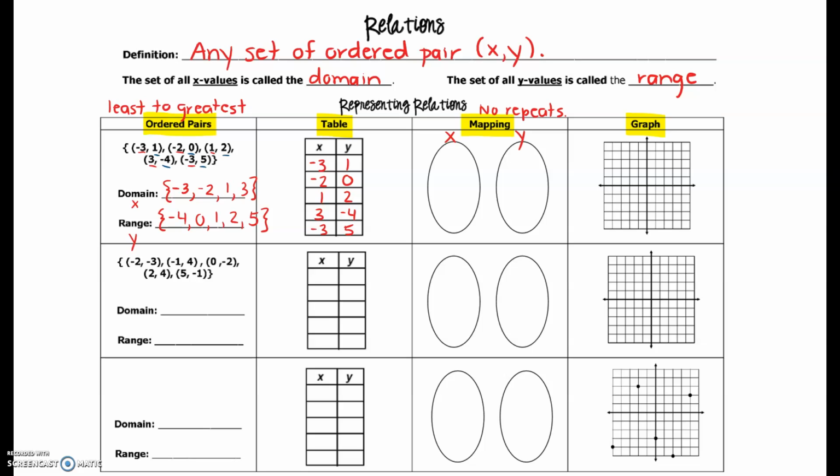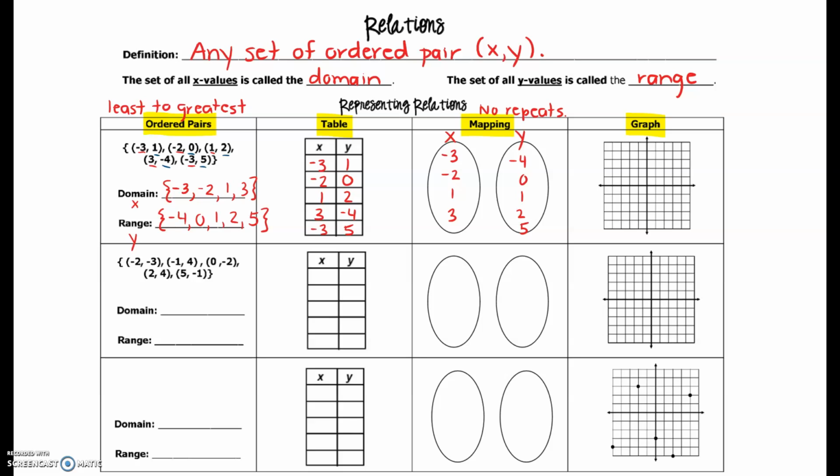That means I will only write one -3 in the x column here, a -2, a 1, and a 3. In the y column, we did not have any repeating values, so I will keep all -4, 0, 1, 2, and 5 in the y column.